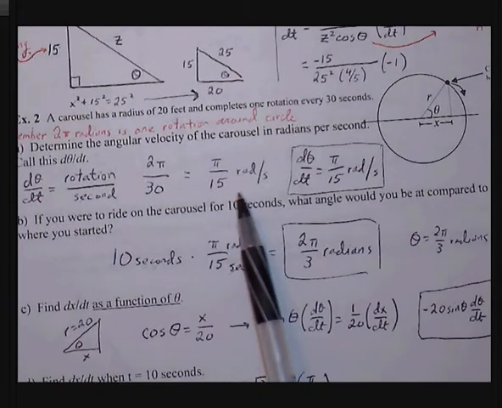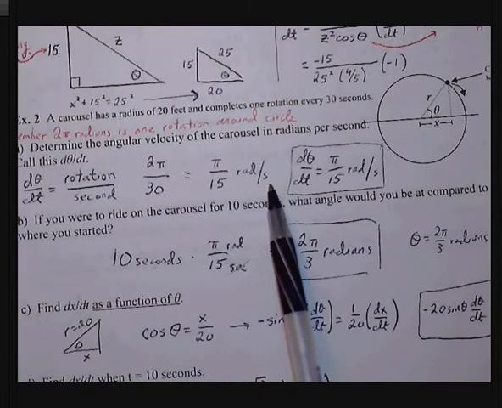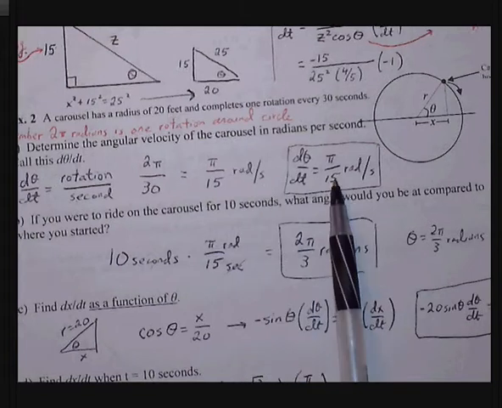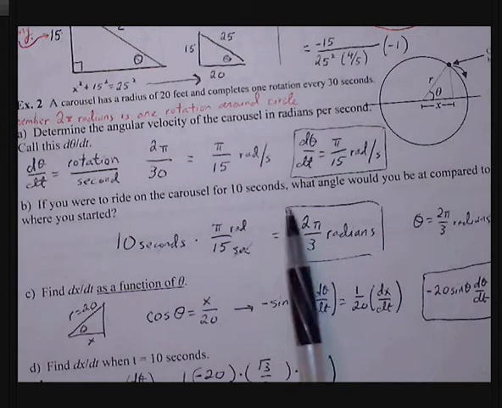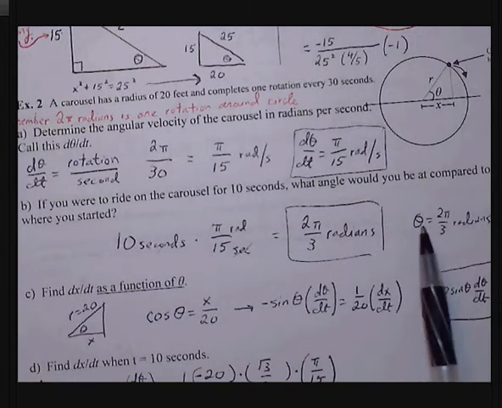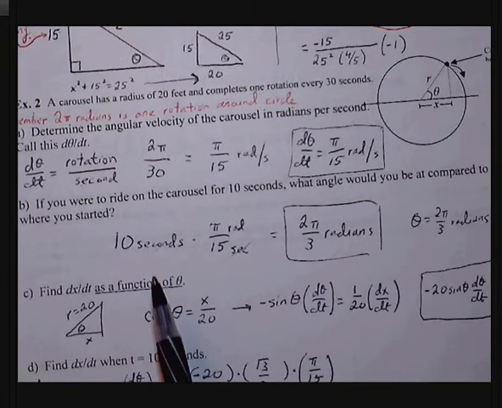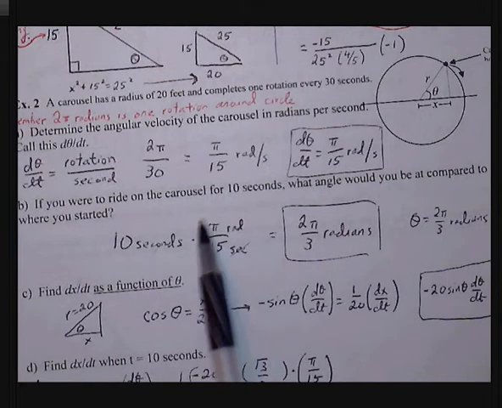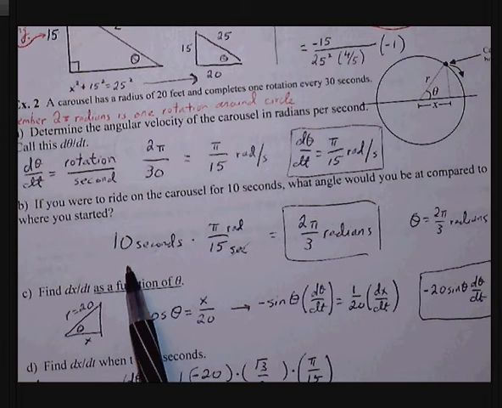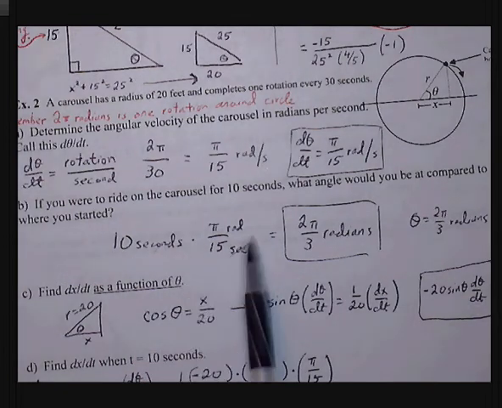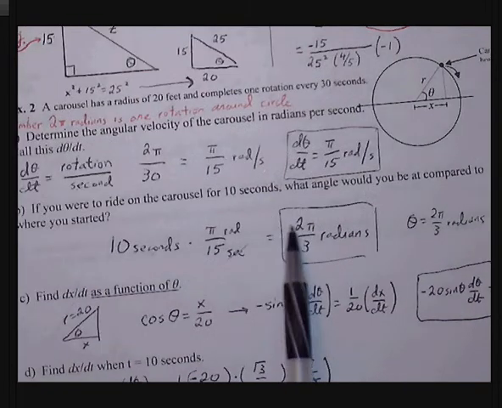Okay, if you were to ride on the carousel for 10 seconds, what angle would you be at compared to when you started? So if we're traveling at pi over 15 radians per second, and if we go for 10 seconds, then if we multiply those, the seconds cancel out, and 10 over 15 pi is just 2 pi over 3 radians. We've traveled the distance of 2 pi over 3 radians. Okay, so that's going to be our theta.